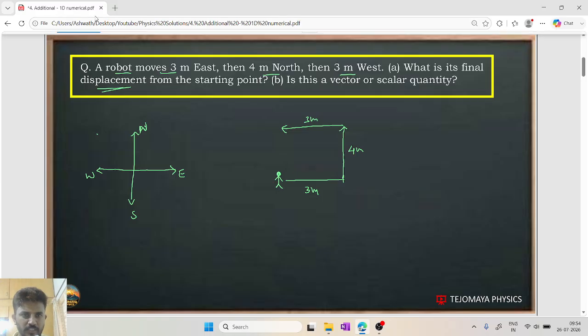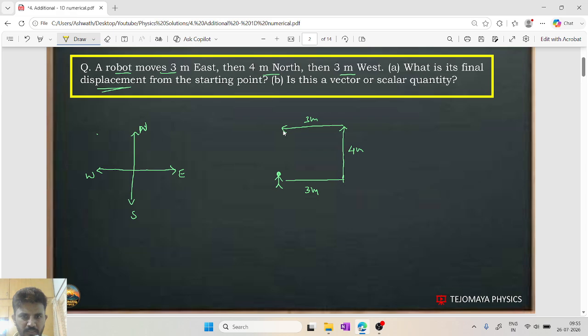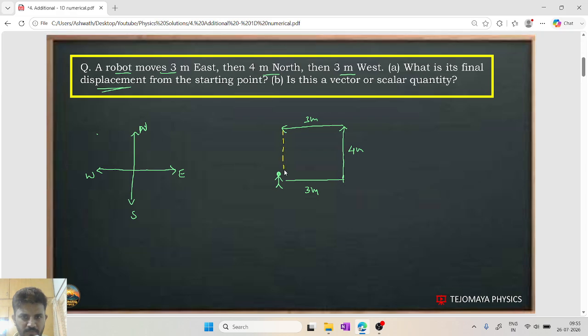Displacement is given by the shortest distance, that we can calculate by taking this distance in this direction. So displacement will be towards the north direction. That is, displacement is 4 meters towards north, okay?